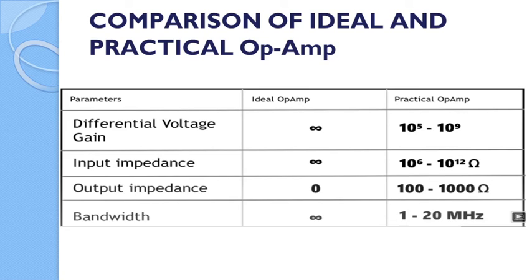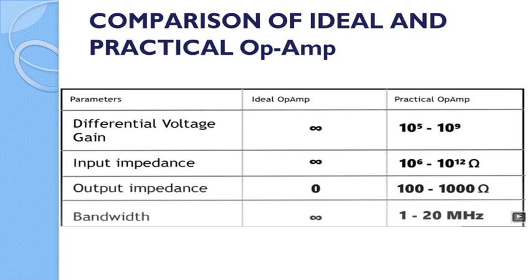For an ideal op-amp, input impedance is infinity, but in case of a practical op-amp it is very high, in the range from 10 power 6 to 10 power 12 ohm.